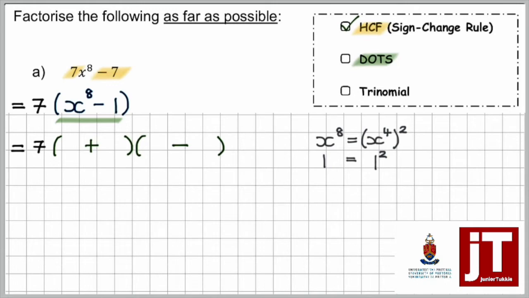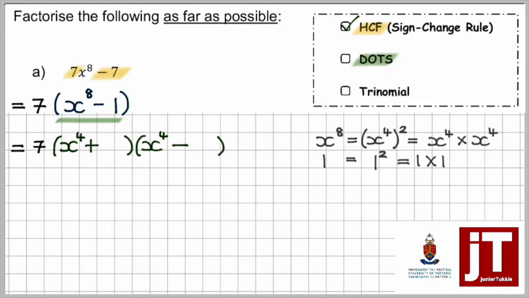Now, to get x to the power of 8, we simply say x to the power of 4 multiplied by x to the power of 4. And therefore, contained in the 2 sets of brackets as the first term, we will have x to the power of 4. To obtain 1, we say 1 multiplied by 1.